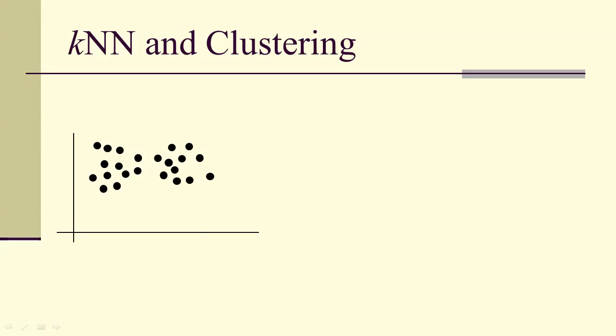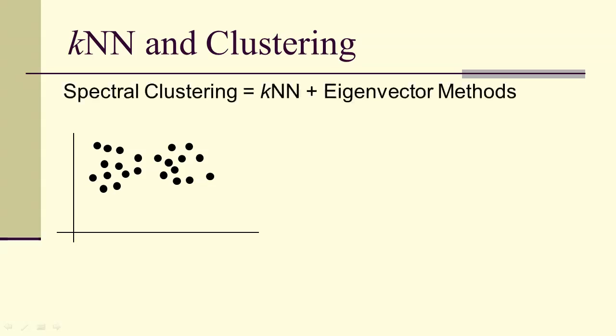So we'll look at, in particular, spectral clustering, which is k-nearest neighbors combined with what are called eigenvector methods. Now, eigenvector methods come from linear algebra, and we're not going to do linear algebra, but the eigenvector methods are sort of intuitive in what they actually do in this application. So I don't think we'll miss the linear algebra here.